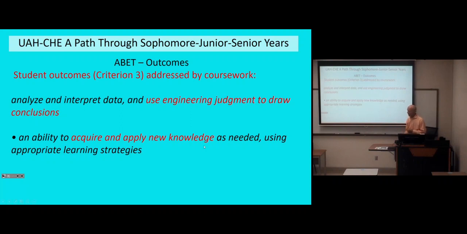Importantly, there is an ability to acquire and apply new knowledge as needed using appropriate learning strategies. Thirty or forty years ago, when your parents were in school, biology was not a big part of chemical engineering. It was just maybe starting to have some influence.